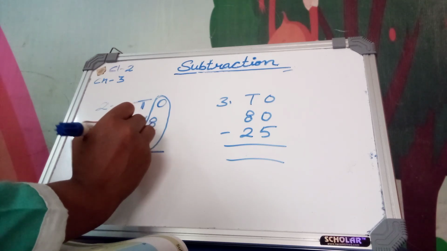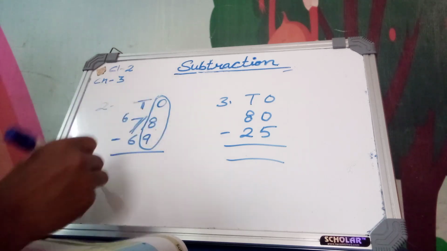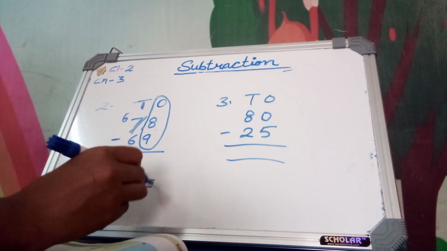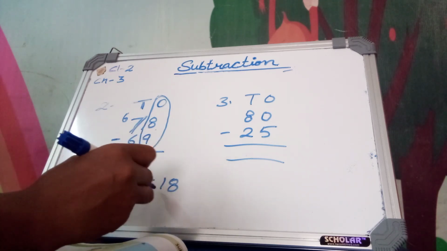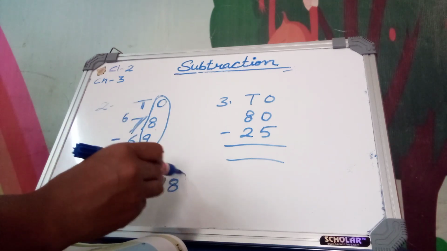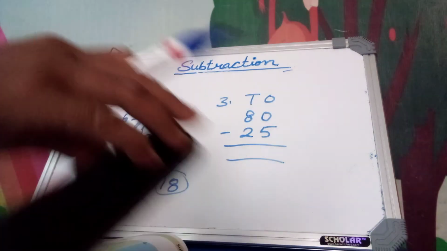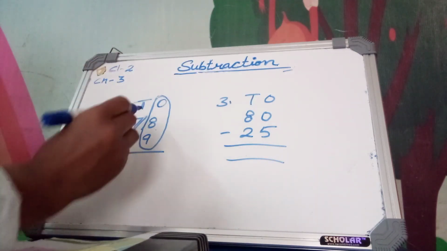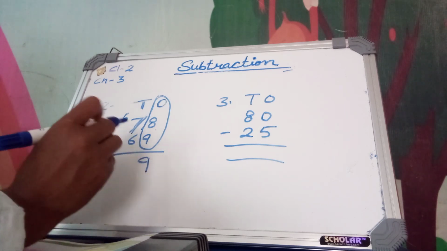We write 6 here. When we add 10 and this 8, the answer will be 18. Now we have to subtract 9 from 18. The answer will be 9.